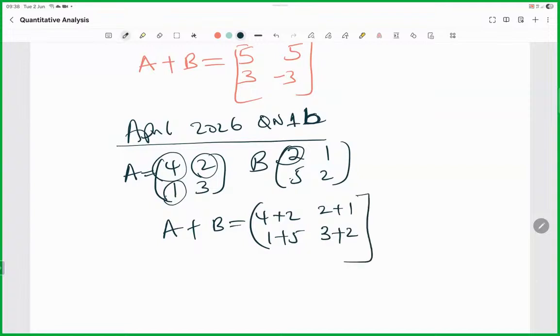Corresponding elements, which basically will be 6, 3, 6, and then 5, like that. So you basically add or subtract corresponding elements.